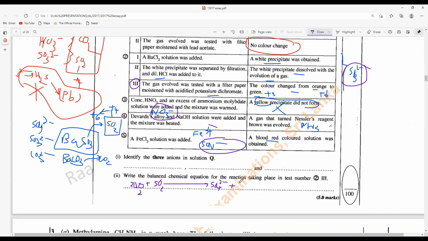So you can add 4H plus here for this one. And then you can balance the charge by putting, I think, 2 electrons, right? Yeah, this is balanced. And meanwhile, your dichromate solution, which is Cr2O7 2 minus, should undergo reduction to chromium 3 plus, right?